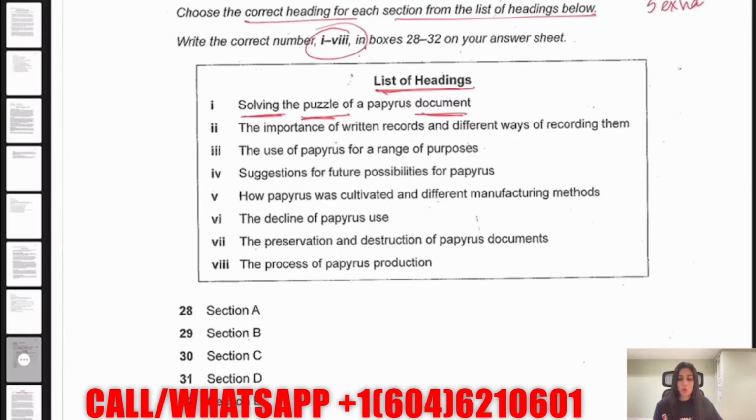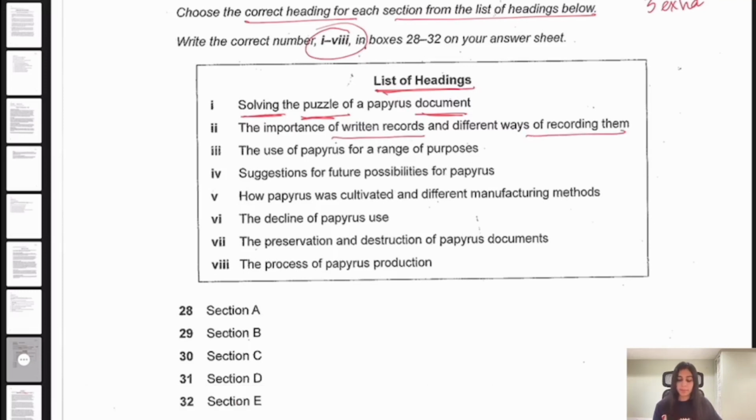The importance of written records and different ways of recording them. In this paragraph, we can predict that they would be talking about how important written records are, like you have to write and document everything, and also some mention of different ways of recording them.